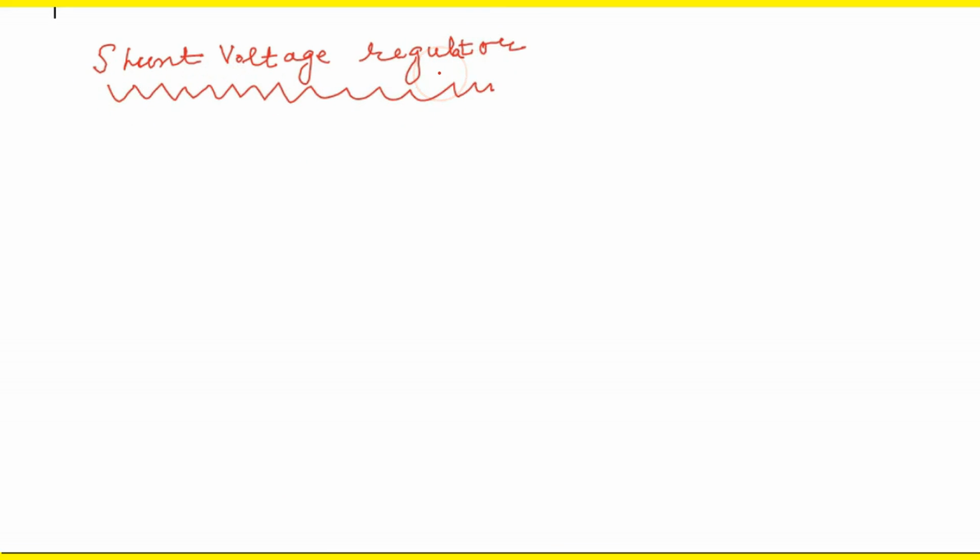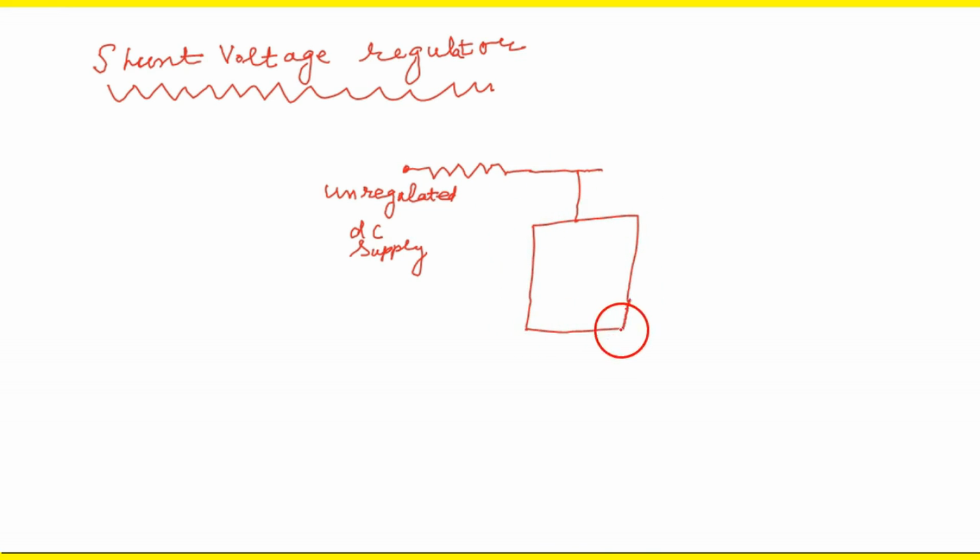Now we will discuss the shunt voltage regulator. Now why do we call it shunt? There's a question. So here is the unregulated DC supply, and then here is a shunt control element.